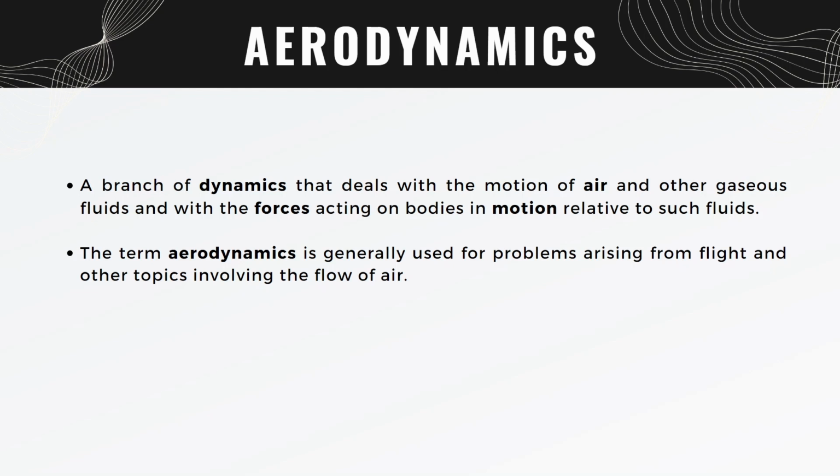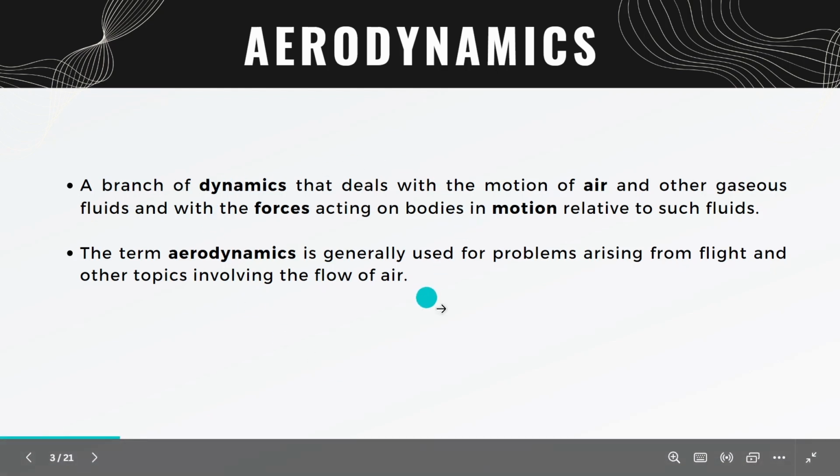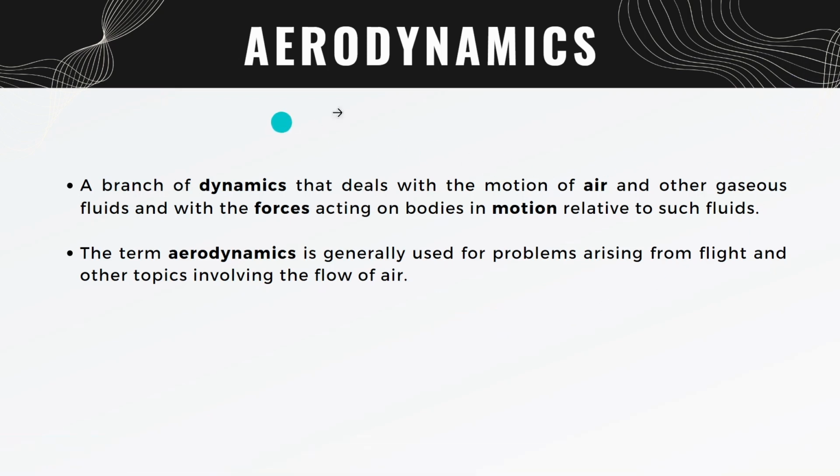So that's about dynamics, and aero simply means air. So aerodynamics is a branch of dynamics where we talk about the motion of objects in air and the forces that cause this type of motion, or whatever type of motion is required in this scenario that we deal with under the topic of aerodynamics.